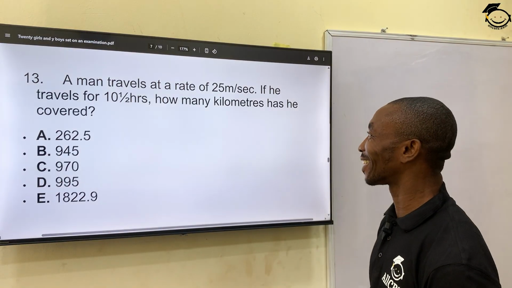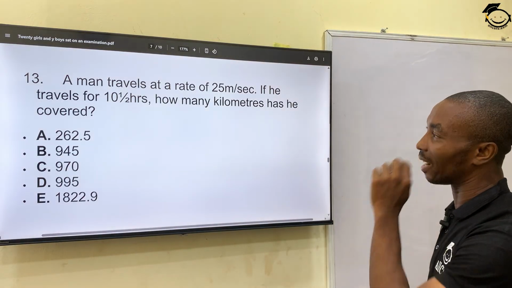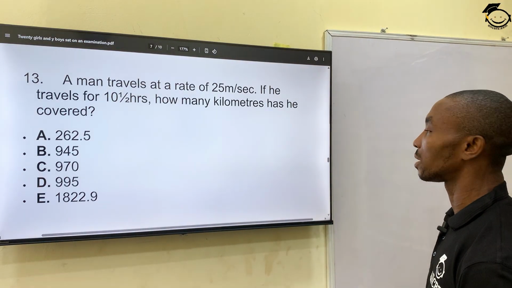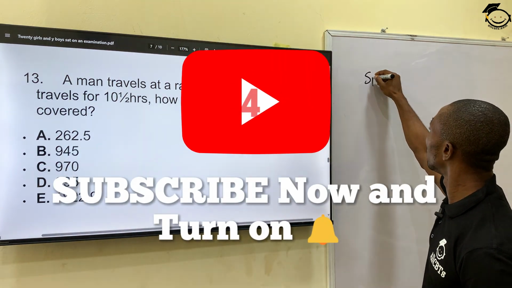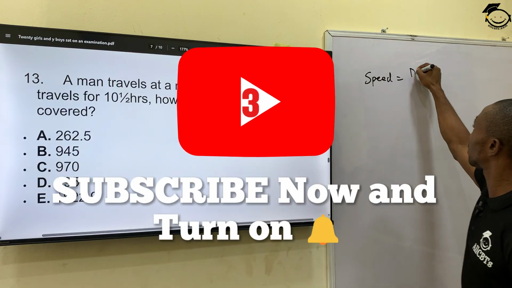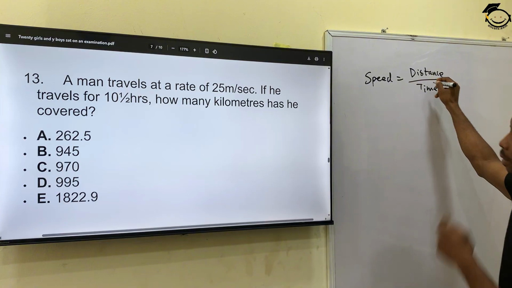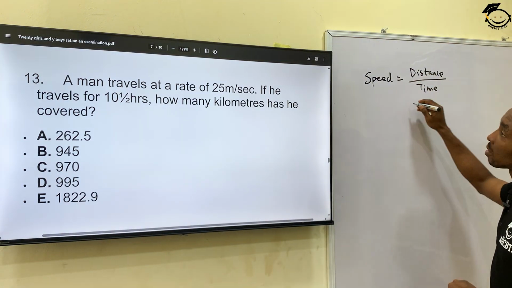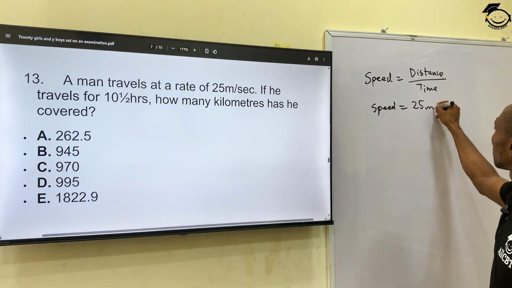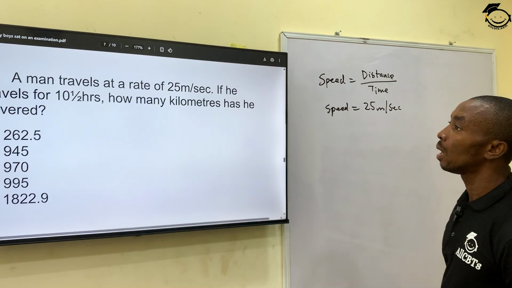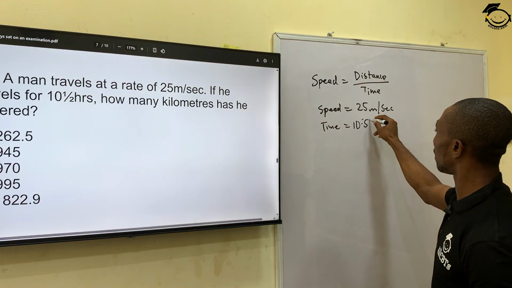A man travels at a rate of 25 meters per second. If he travels for 10.5 hours, how many kilometers has he covered? Now, in order to do that, we have speed equals distance over time. We have been given speed as 25 meters per second and our time as 10.5 hours.